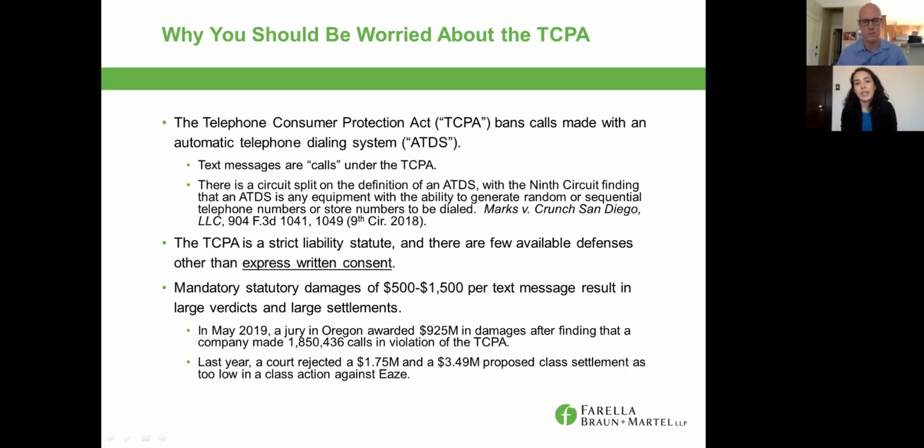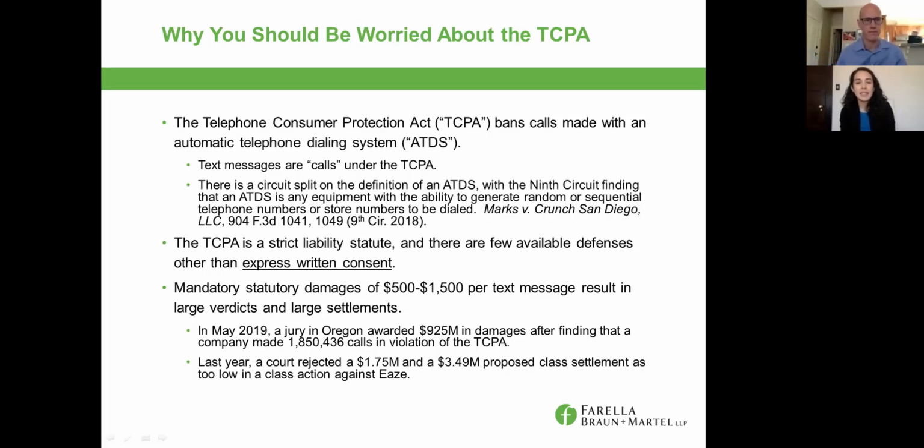Last year, in May 2019, a jury awarded a $925 million verdict against a company that sent over 1.85 million calls. And I believe the court didn't even treble the damages there because they found that the violation was not willful. So you can get into serious trouble here.